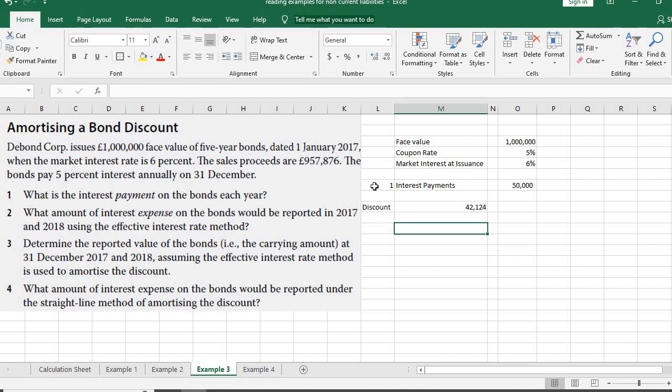So how this 957,876 carrying amount of our liability has to converge to a million. There are two ways of going about it. First, we are going to see the effective interest rate method.